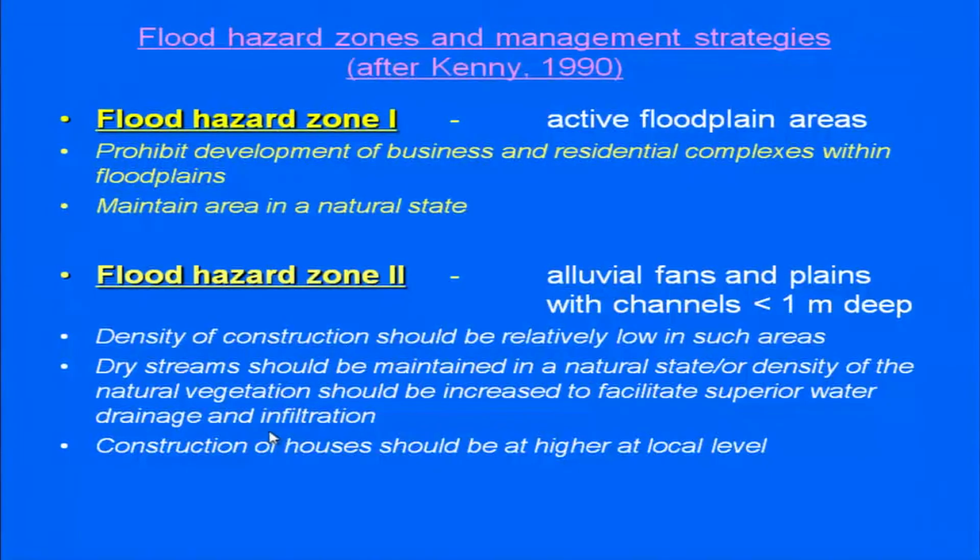So, if the infiltration is higher on the surface, then the runoff will be less, and that will result in less discharge in the channels. So, construction of houses should be at higher levels. This is what we were talking about, the construction should be on higher terraces or the abandoned older floodplains.